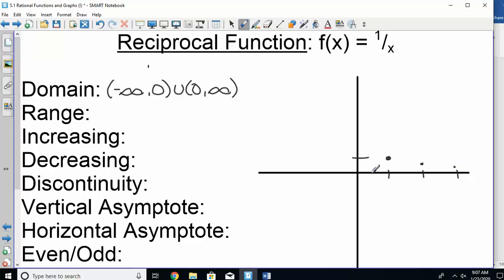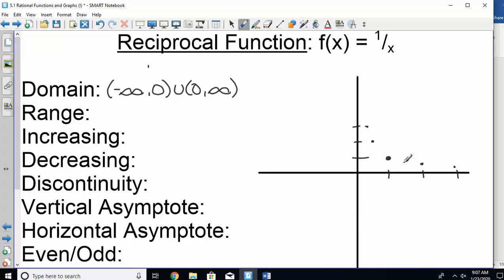What's 1 divided by 1 half? What is it? 2. So if I put in a 1 half, I actually get out 2. If I put in a 1/3, I'm actually going to get out 3.